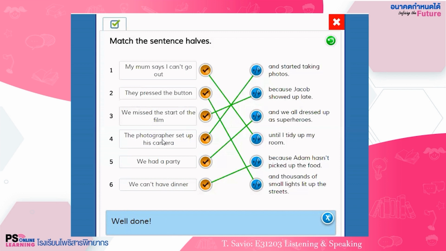Number 4, the photographer set up his camera and started taking photos. Number 5, we had a party and we all dressed up as superheroes. Number 6, we can't have dinner because Adam hasn't picked up the food.